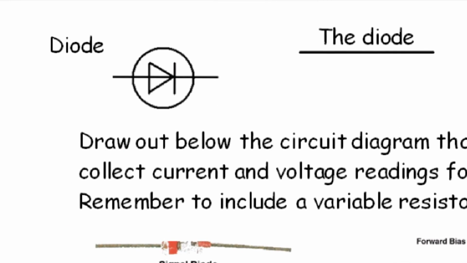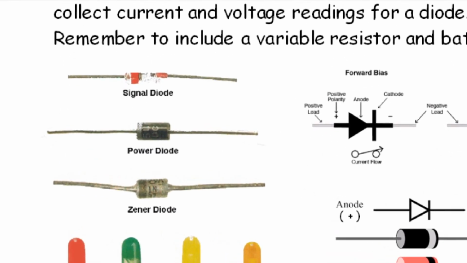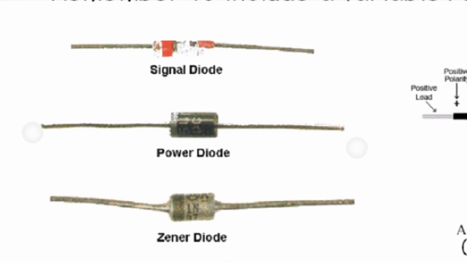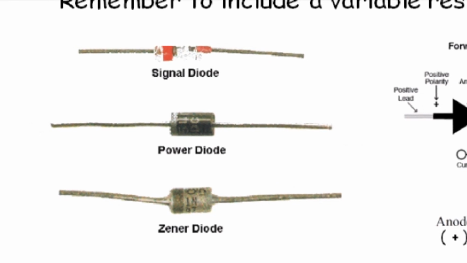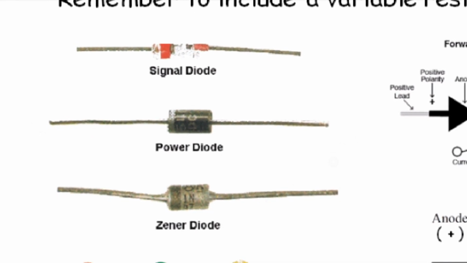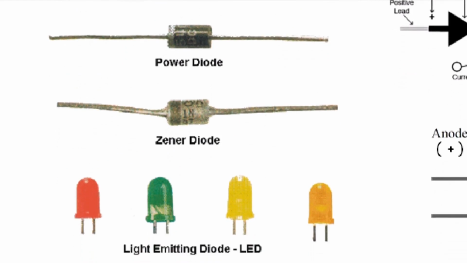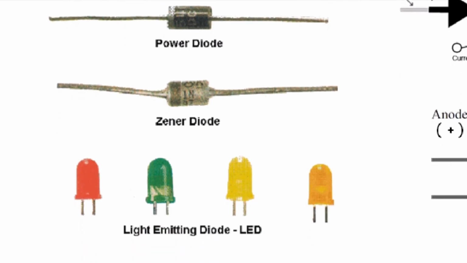That's the symbol for a diode. These are what diodes look like in real life in an electrical circuit, and underneath there are light emitting diodes. You see LEDs everywhere, remote controls, TVs, electronic systems.